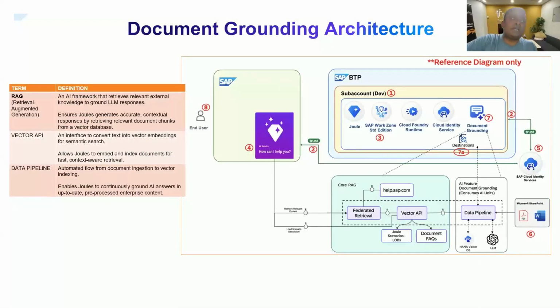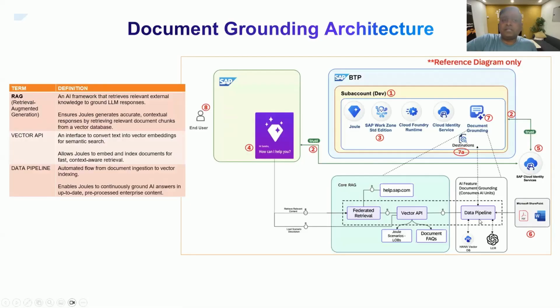This is a small diagram to introduce you very simply to the architecture side of it. And without getting into technicalities, what's happening here is that you are hosting documents in your SharePoint site. And from these SharePoint sites, we create something called data pipelines.